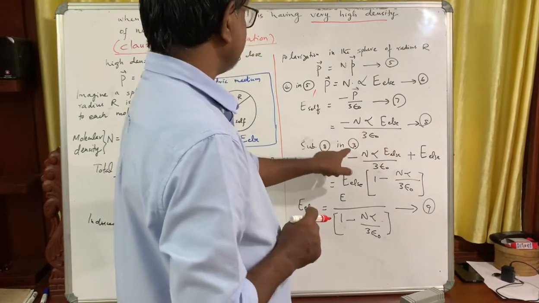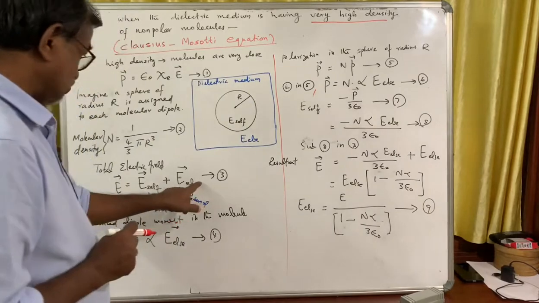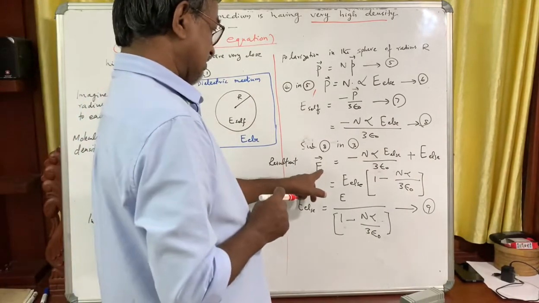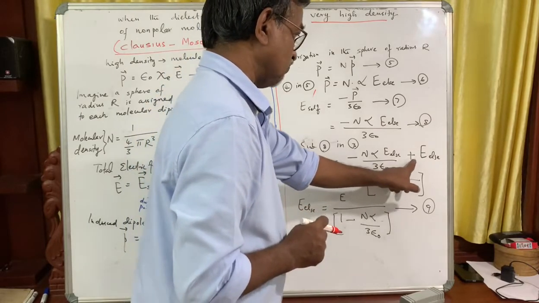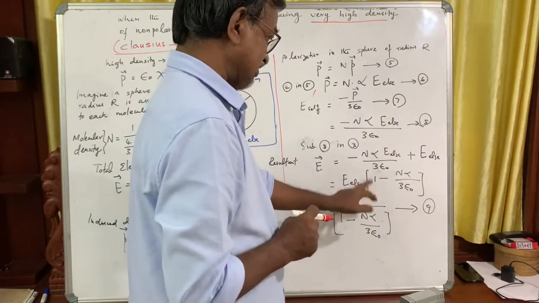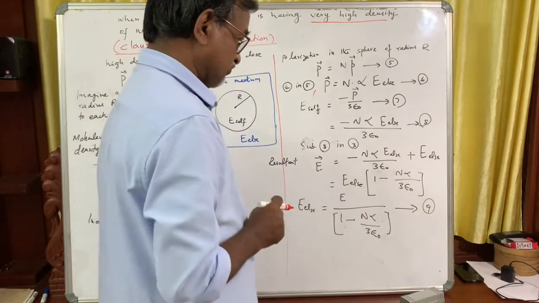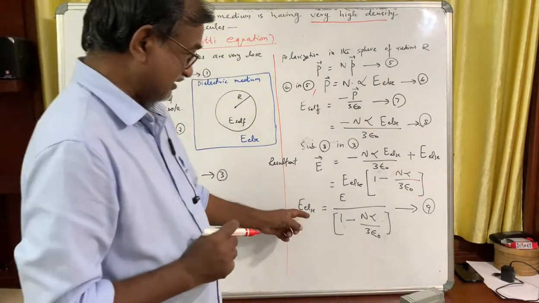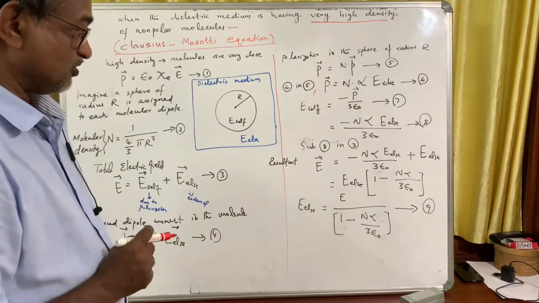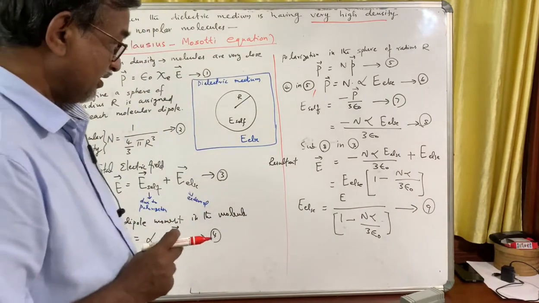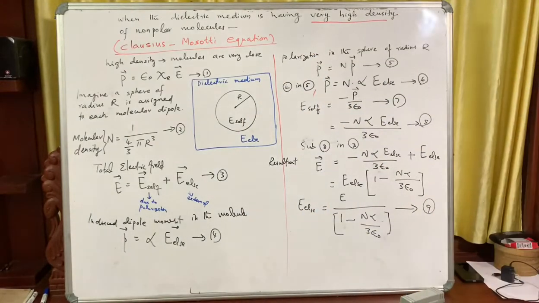Substituting this in 3, the resultant electric field E is equal to minus N alpha E_s by 3 epsilon 0 plus E_s. So E_s into 1 minus N alpha by 3 epsilon 0 is there. So E_s is equal to E by 1 minus N alpha by 3 epsilon 0. That is equation 9.